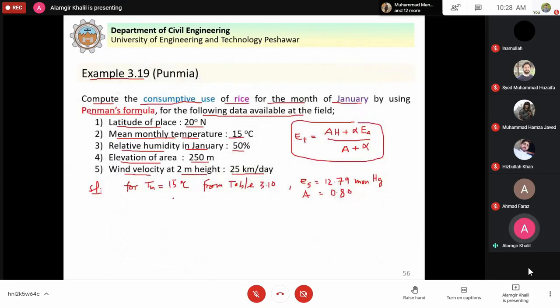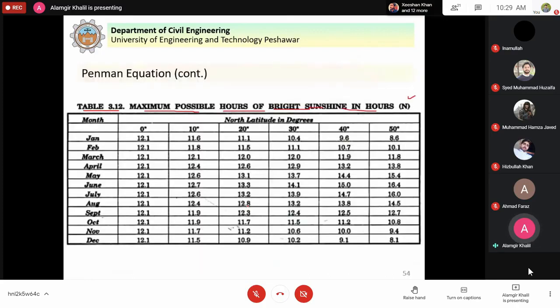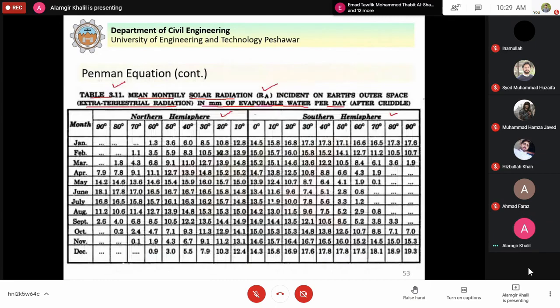Now next, from table 3.11, what we can pick is the value. You see that the latitude is given as 20 degrees N and the month is January. So we go to table 3.11. You can see this is table 3.11.